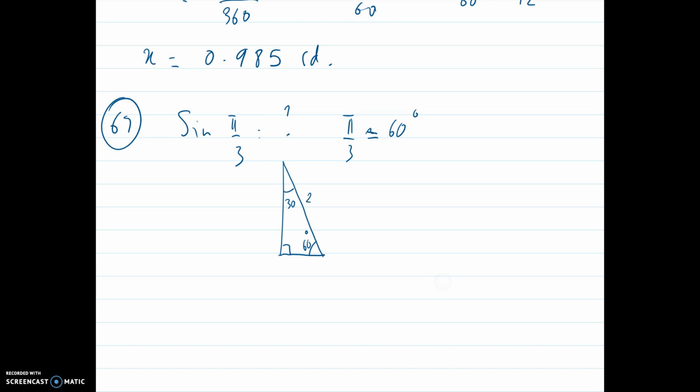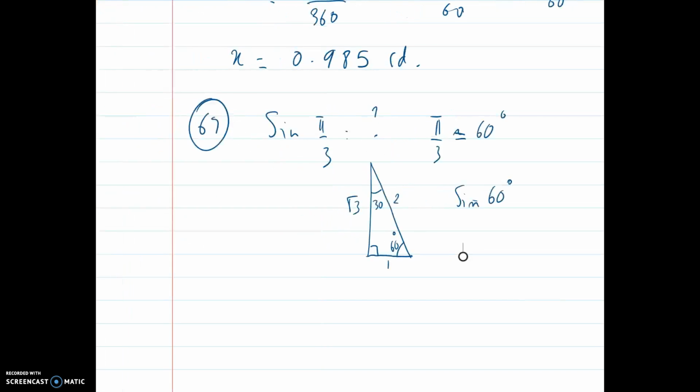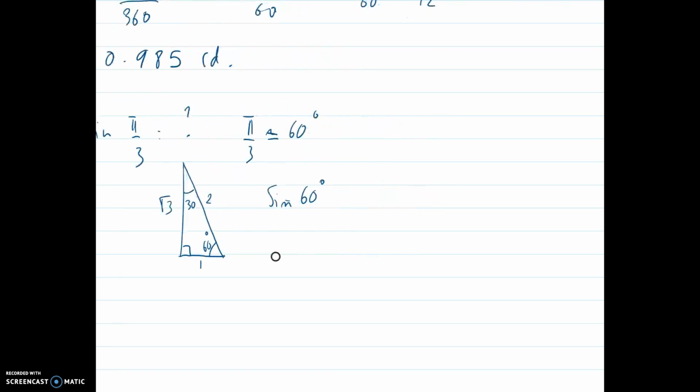And if you do remember what you have seen at the beginning of the semester, you should know that if I have an equilateral triangle that I cut in half, now I end up with sinus of 60 degrees, which is going to be equal to square root of 3 divided by 2.